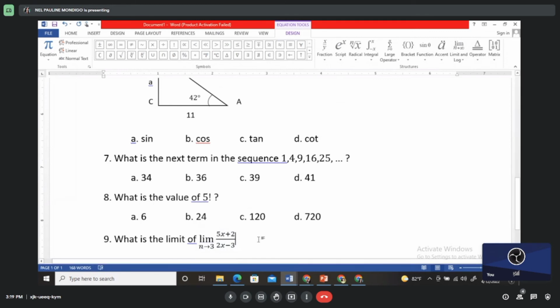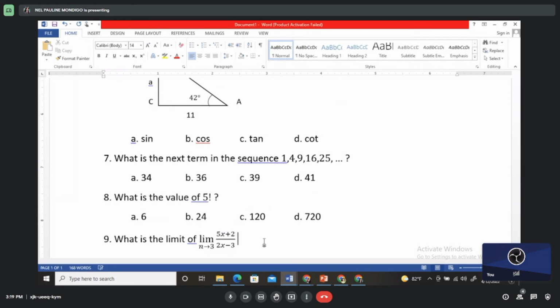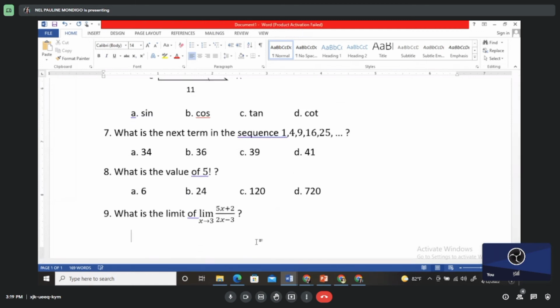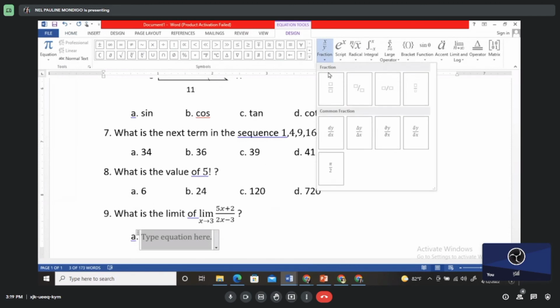The limit of 5x plus 2 over 2x minus 3 as x approaches 3. For letter A, add equation, fraction.